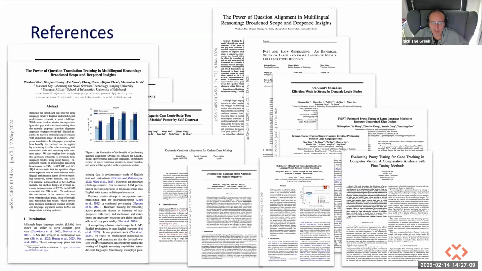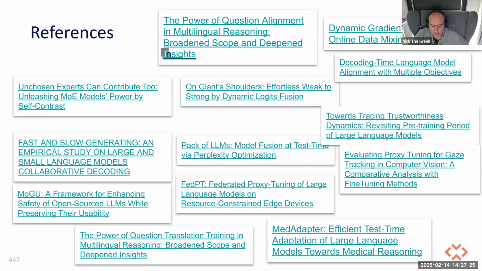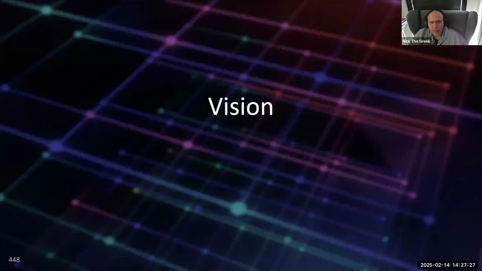This is a really good idea because you can always fine tune a 7 billion on your cell phone, and you can take the logits and send the logits to a GPT or an Anthropic model and get better predictions. Even more references here. And I'll stop here.